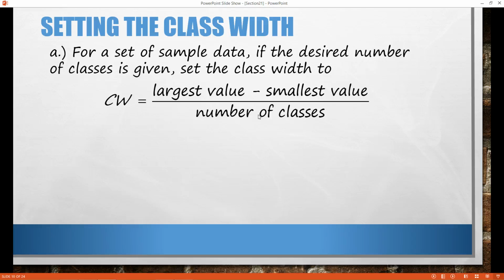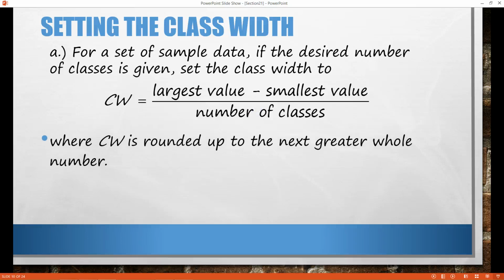All right, and then we'll get some sort of number, and it'll usually have a whole number part and then a decimal number part. And what we want to do, we want to round that number up to the next higher whole number. All right, that guarantees that we have a class width wide enough to cover all the sample data that we have. All right, so round up to the next higher whole number.